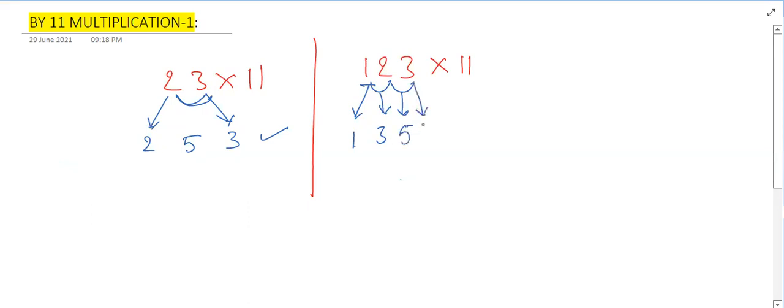And don't forget to write the last digit as it is again. That's your answer. First 1 digit, then 2 digits. After reaching 2 digits, continue taking every two digits. And at the end again, one digit.